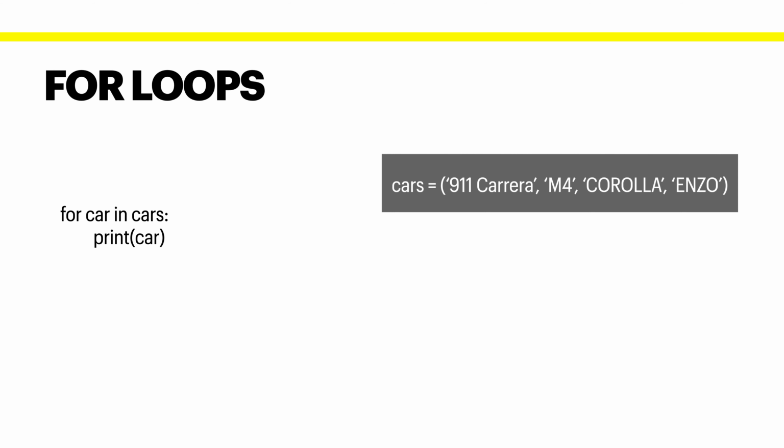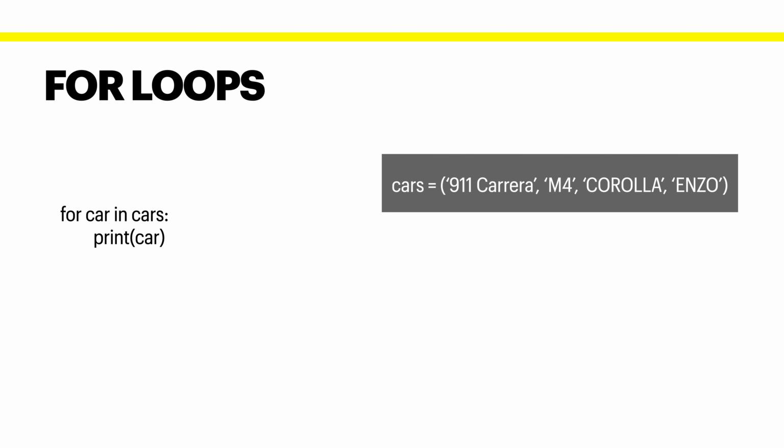In this case, I'm setting the name as car. Then you need to specify the data structure which you would like to iterate through. In our case, it is the cars tuple. So we'll write cars, then we need to add a colon, and finally write our code which we would like to run. In this example, I'm just printing each element in the cars tuple.